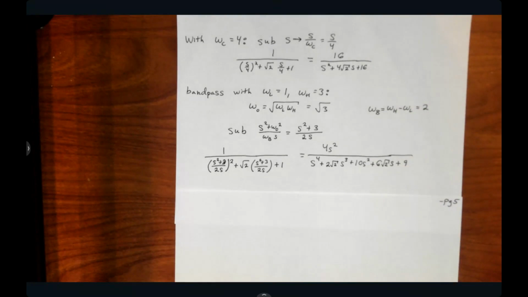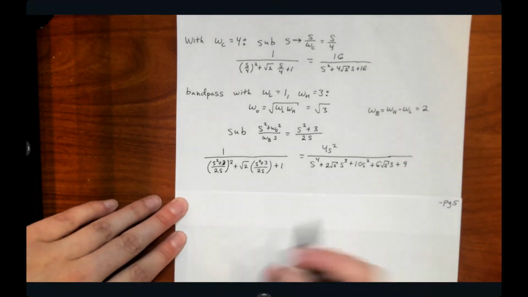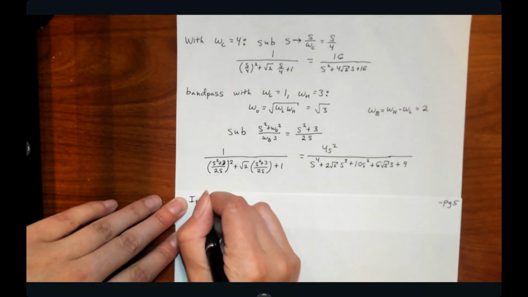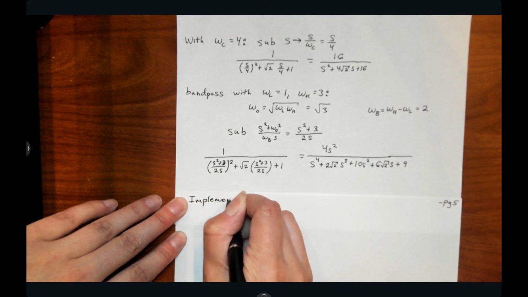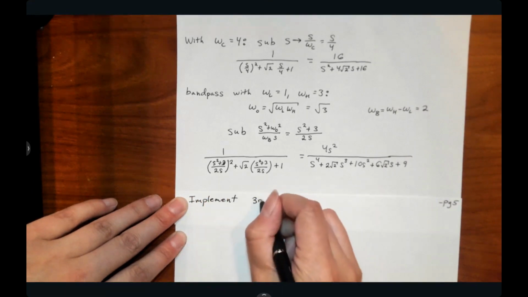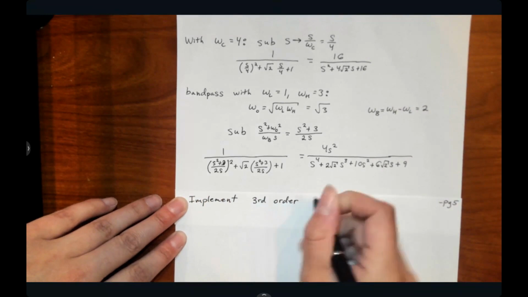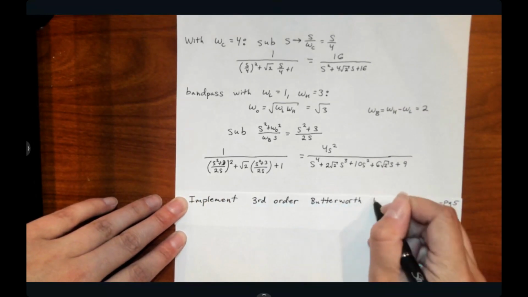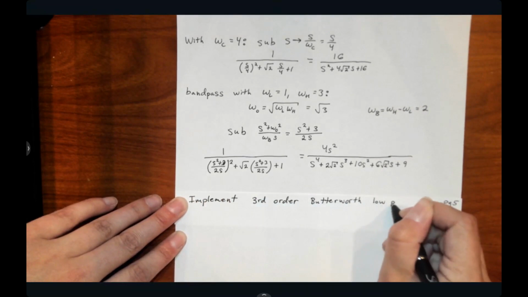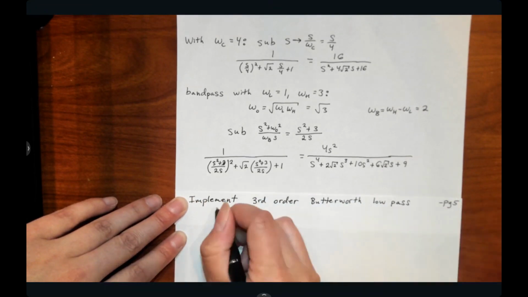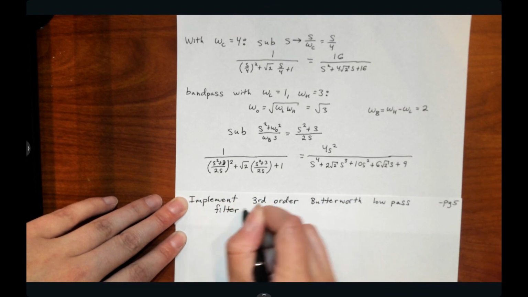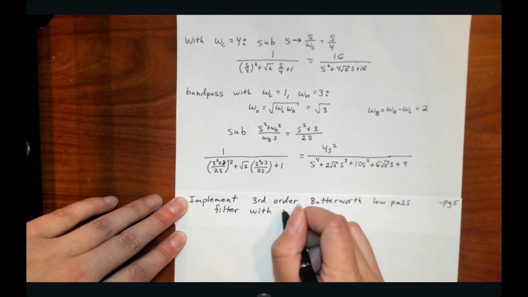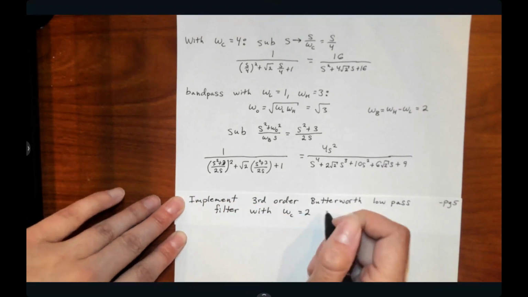Right, so let's say that I want to implement a third order Butterworth low pass, and I want it to have a cutoff of 2.